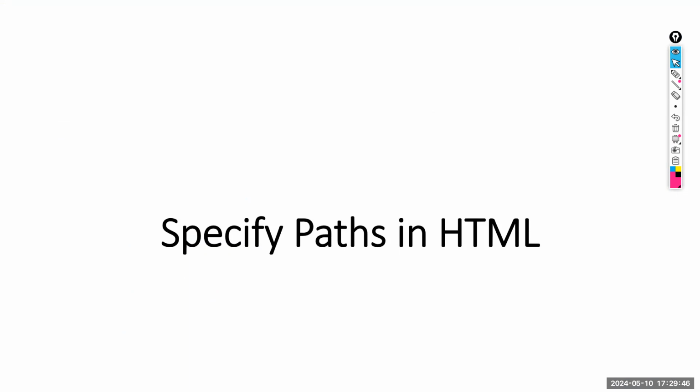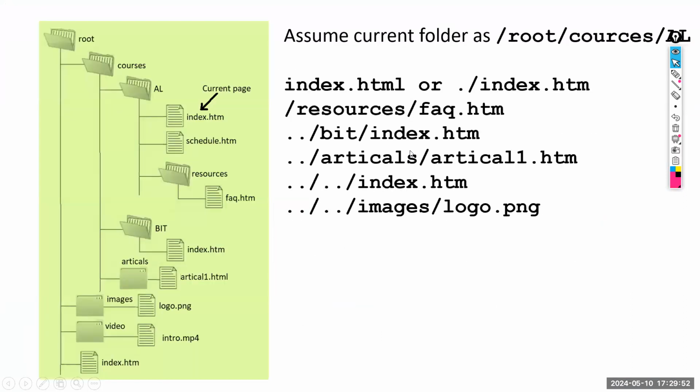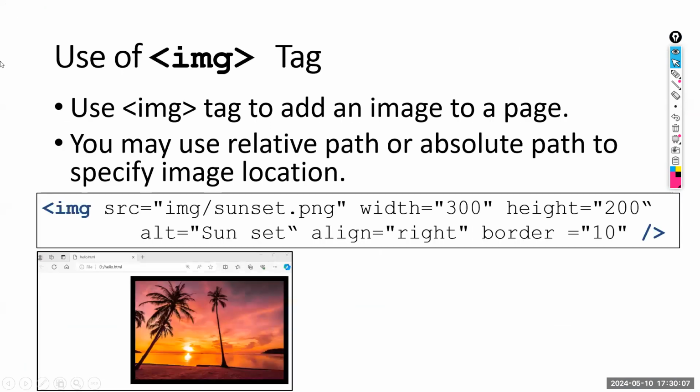Right. So there is a way to specify paths, which we will understand while we do images, because in images you need to specify where your image is. So our next topic is how to add an image to your web page. It's super easy. You just need to use the img tag.